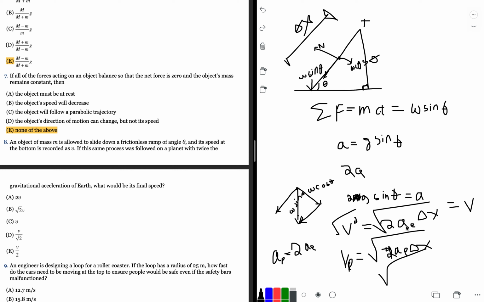So you have a 2 right here, and you're multiplying by 2 a_e, you get 4 a_e delta x. This is the same thing as the square root of 2 times the square root of 2 a_e delta x, which is v, so it's B.